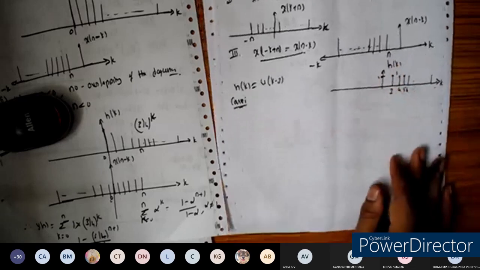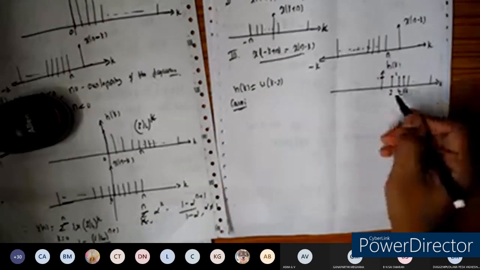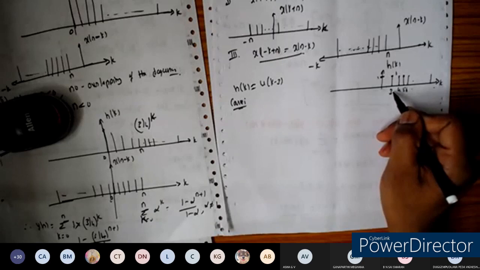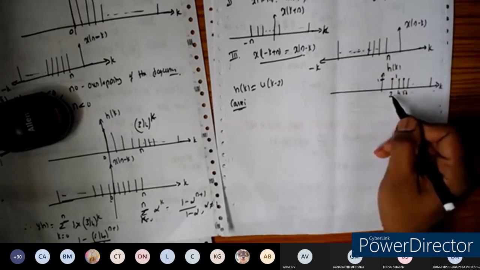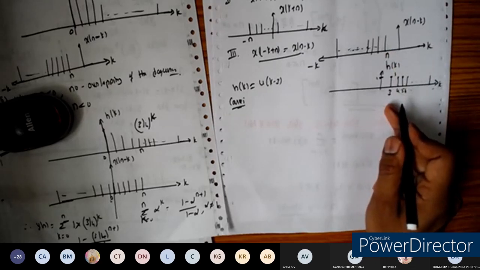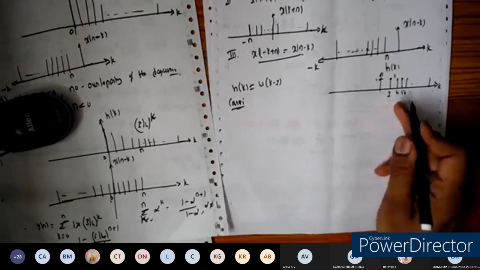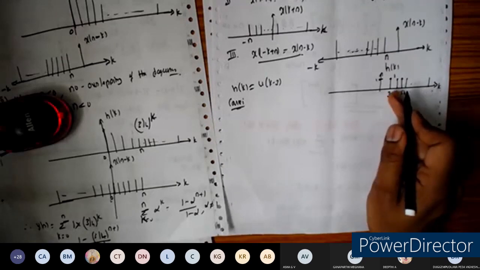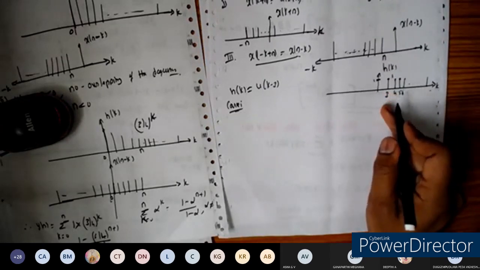So first is the non-overlapping case. The non-overlapping case is nothing but the first signal starts from 3. So we need to take the case that n is less than the first sample time index. So n is less than 3 we are supposed to take here. Not always 0, but where the other sequence actually starts, for that we need to take.